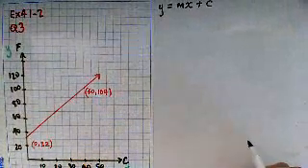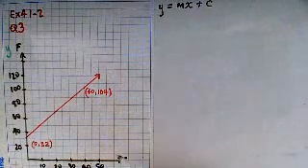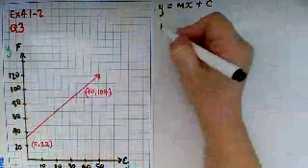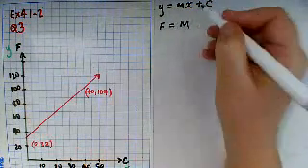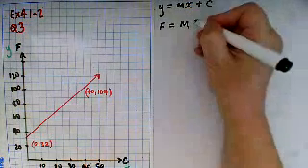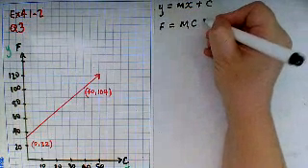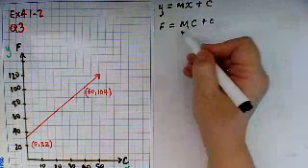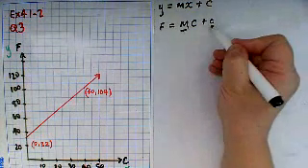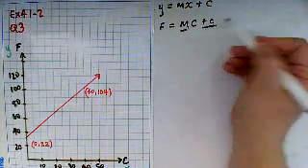So therefore, having a look here, the y-axis is F, so I can state that now as F equals mC, that's capital C, plus little c. Okay, so now we have to find the gradient and the constant.